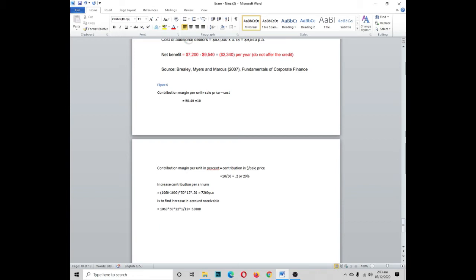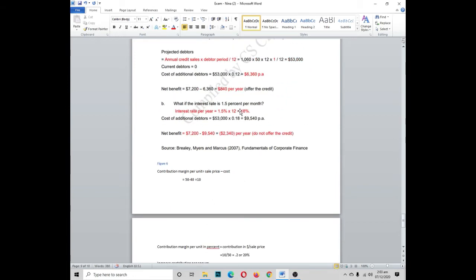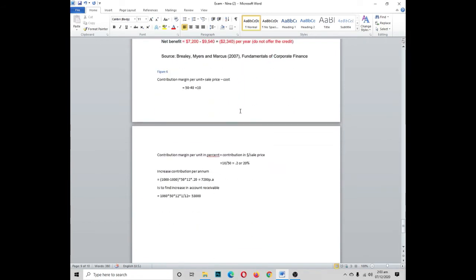So the next step is to find the cost of accounts receivable. The cost of accounts receivable is simply 53,000 multiplied by 12%. 12% is the cost given in the question statement.